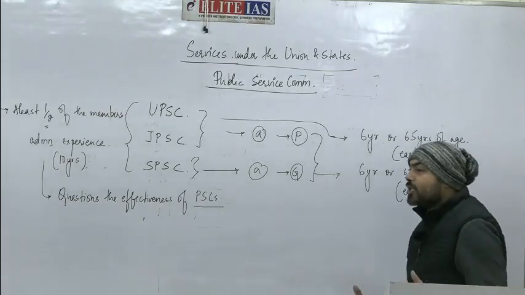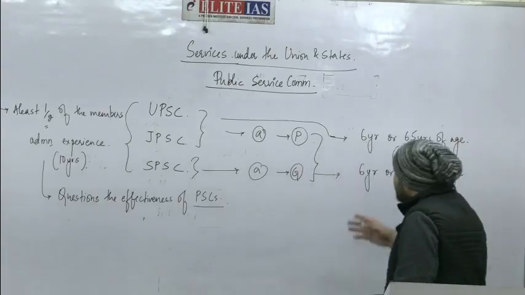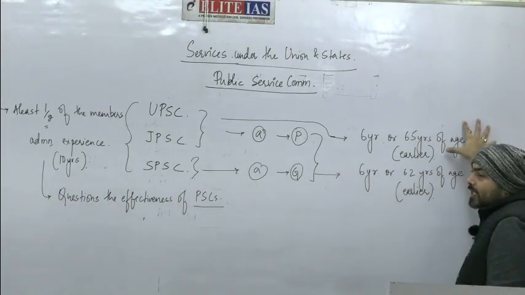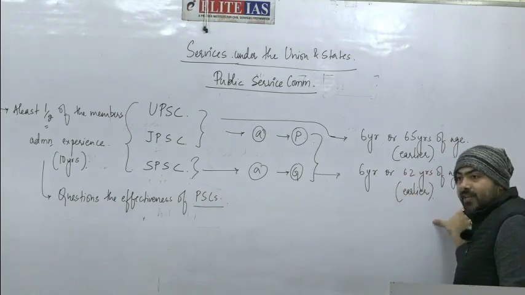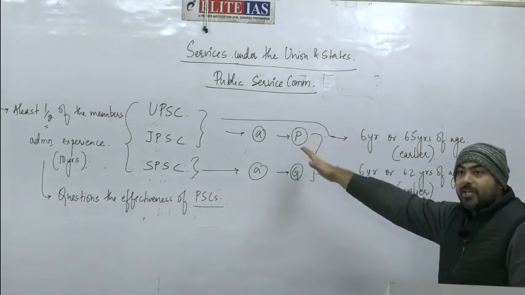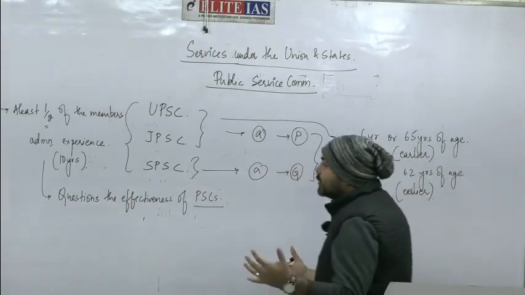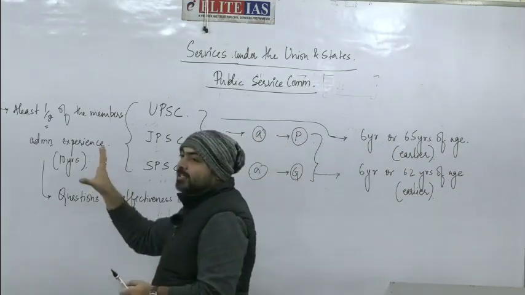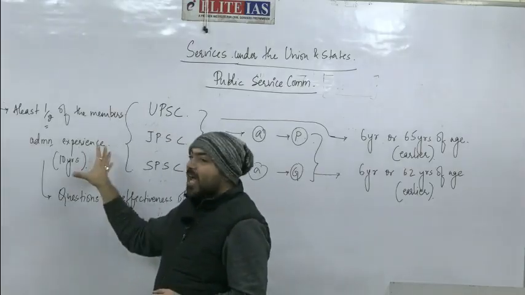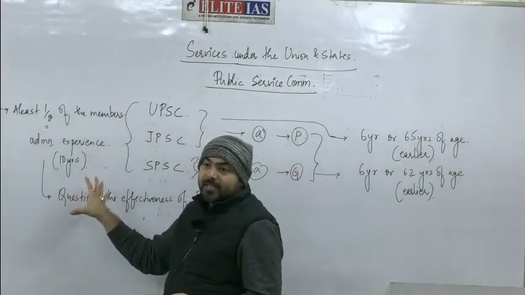So the Constitution says an individual will have 6 years of tenure, and 65 or 62 years of age, depending on the commission, and that at least 50% of the members should have 10 years of experience under the government.